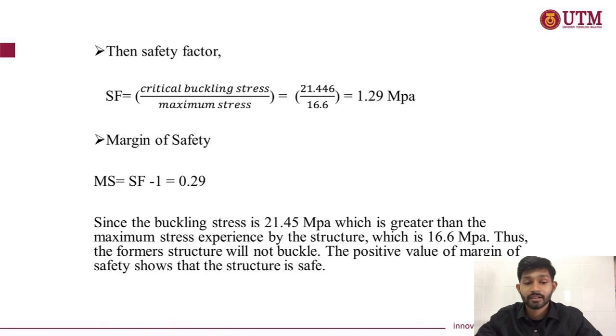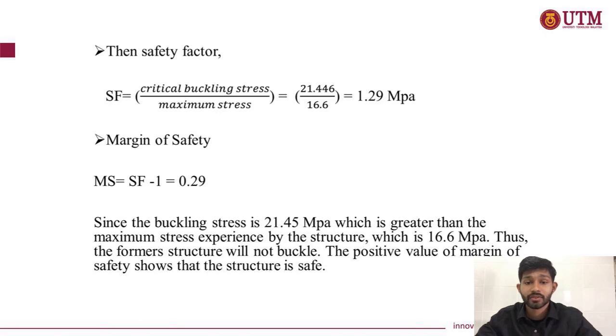Then the margin of safety is calculated, which is 0.29. Since the buckling stress is 21.45 megapascal, which is greater than the maximum stress experienced by the structure, which is 16.6, the former structure will not buckle. The positive value of margin of safety also shows that the structure is safe.